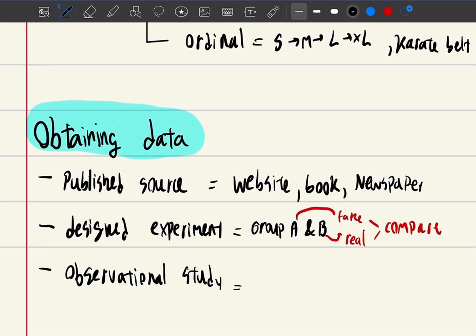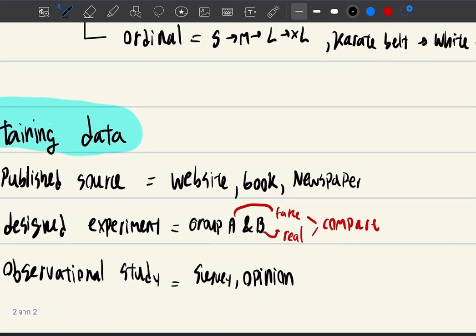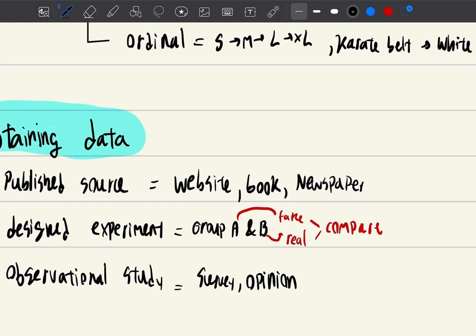The observational study is from a survey or asking for opinions. Here, the researcher doesn't have to fix the characteristics or environment. They use the natural setting to study.